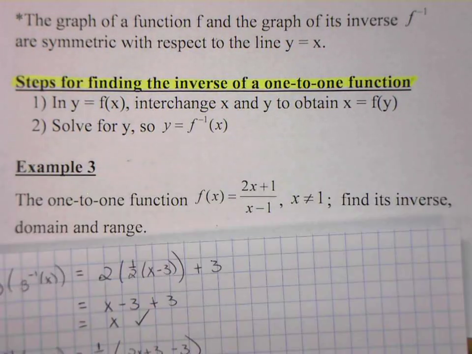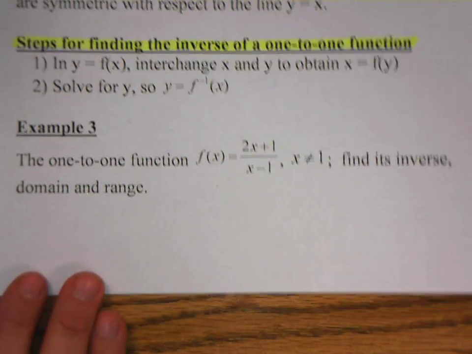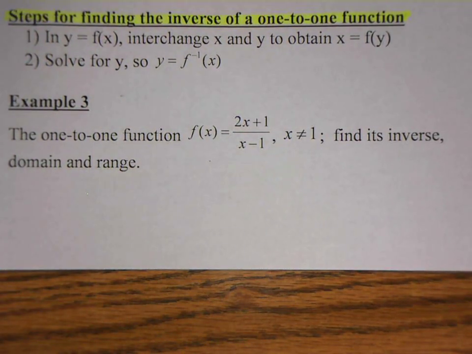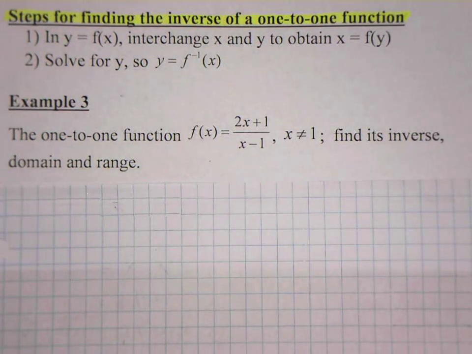All right, so I'd like to try to squeeze in 2 more questions with you, example 3 and 4, where we actually practice what we just talked about. So here I'm given a function, f of x equals 2x plus 1 over x minus 1.